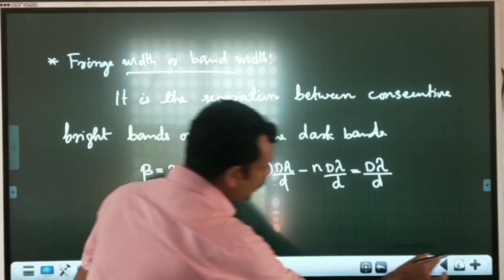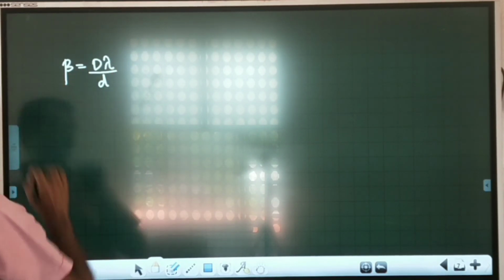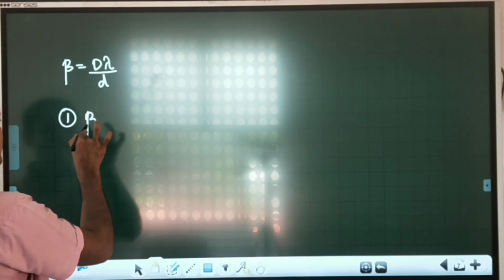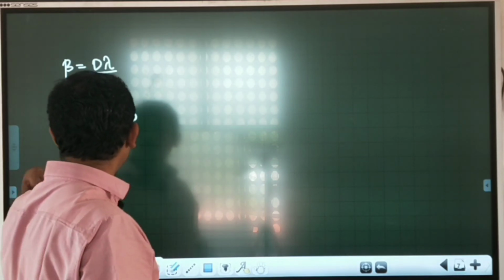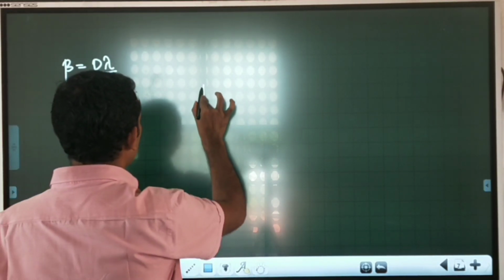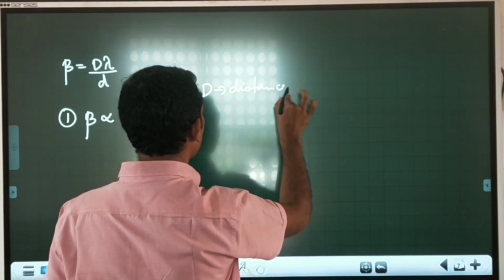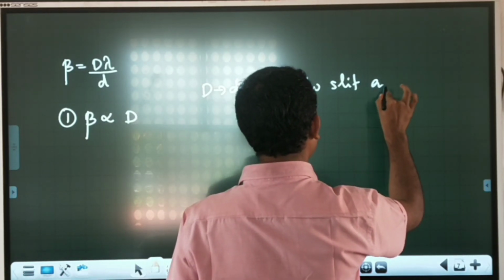Okay, what does that mean? Beta is equal to D lambda divided by small d means, the first point I can say is that beta is directly proportional to capital D. What is capital D? Distance between slit and screen.